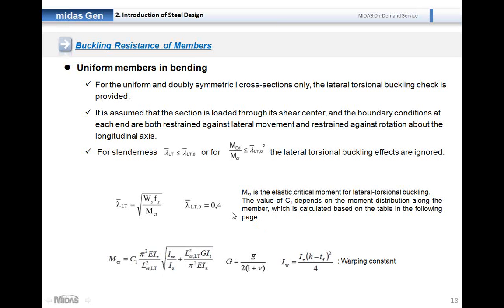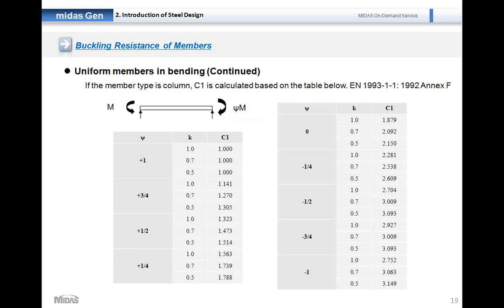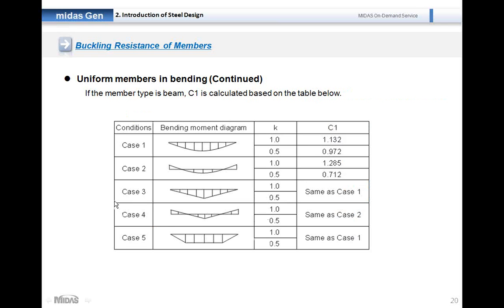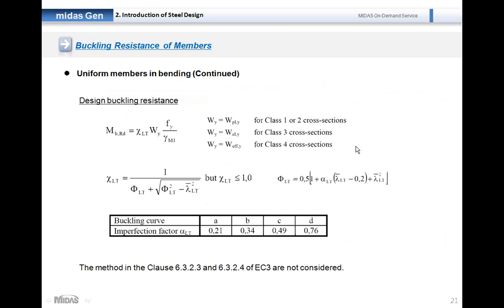The C factor is used to calculate the elastic critical moment, which differs according to the bending moment diagram of each member. And from this table and this table, we can get the C1 factors. Finally, the program calculates the lateral torsional buckling resistance by this formula here.